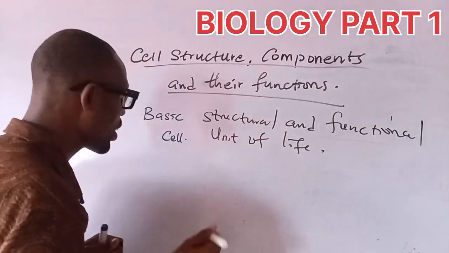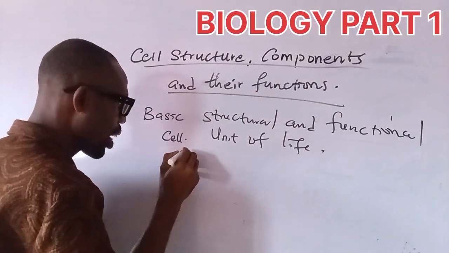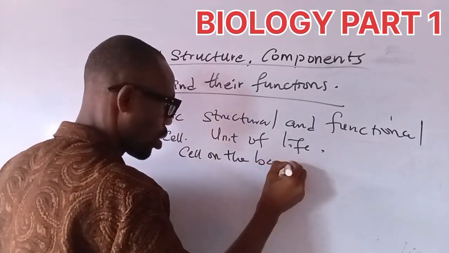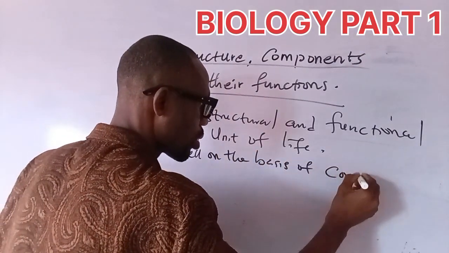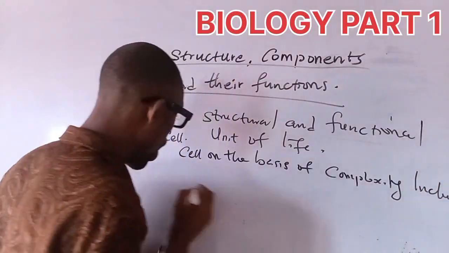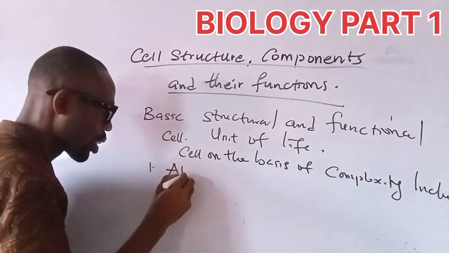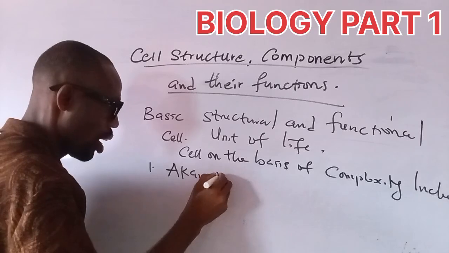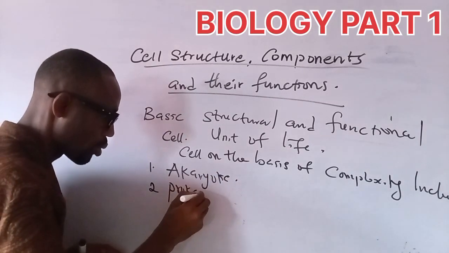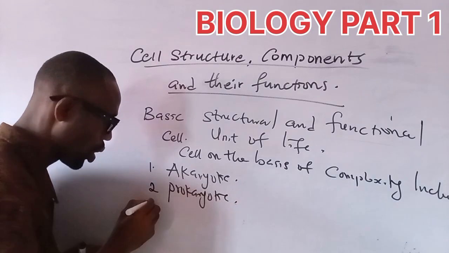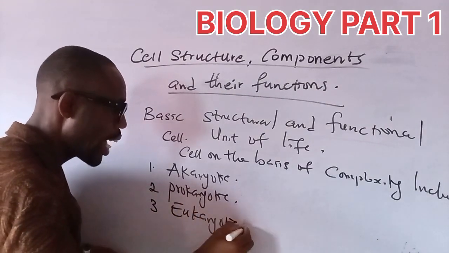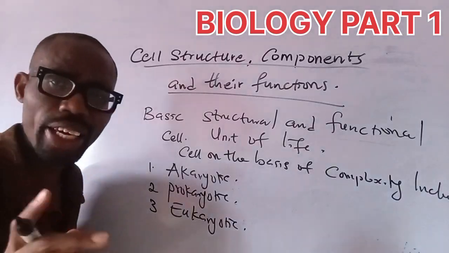So, cells on the basis of complexity include: 1. Acaryotic, 2. Prokaryotic, 3. Eukaryotic.